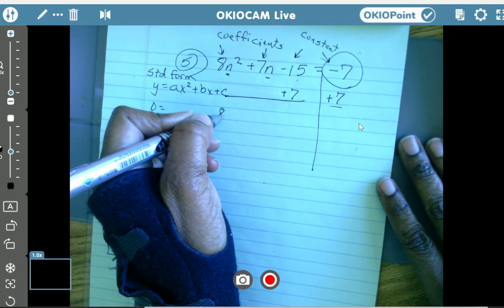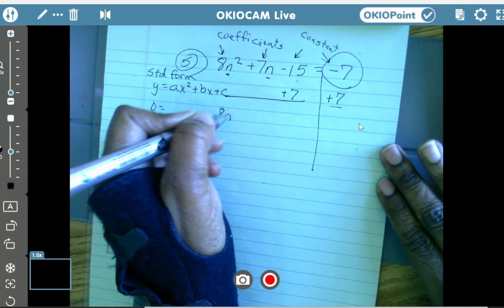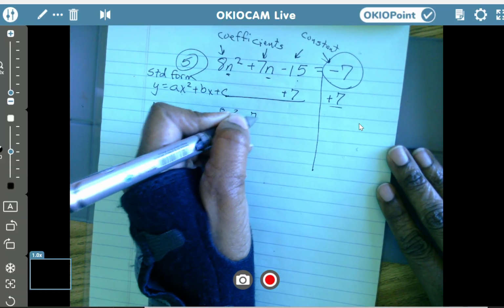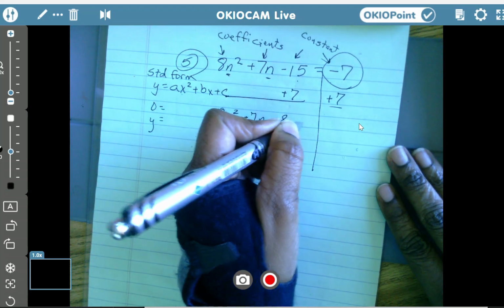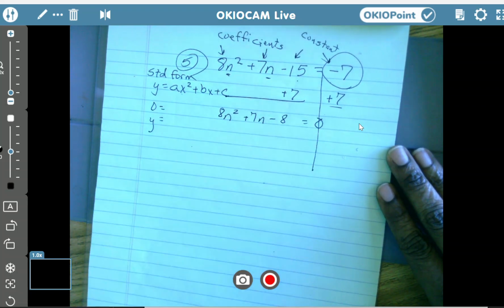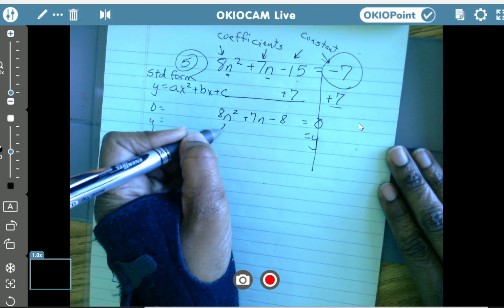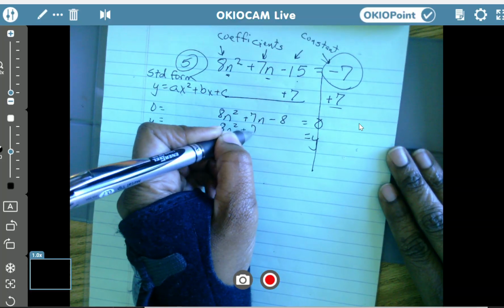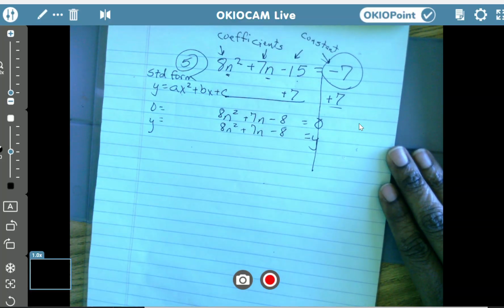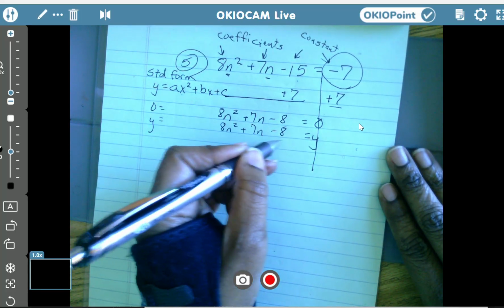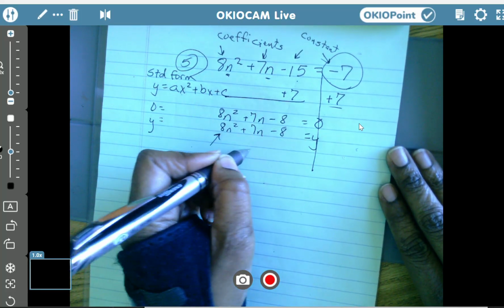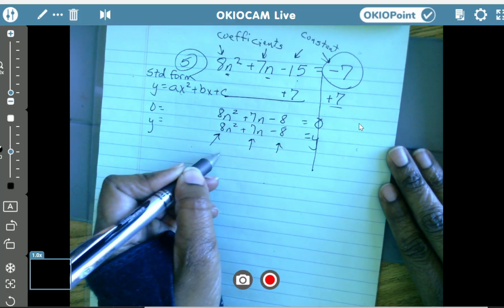So, standard form for this quadratic is going to be 8n squared plus 7n minus 8 equals 0. If we wanted to put it in decimals, it would be y equals 8n squared plus 7n minus 8. This quadratic has 3 terms: 1, 2, 3.